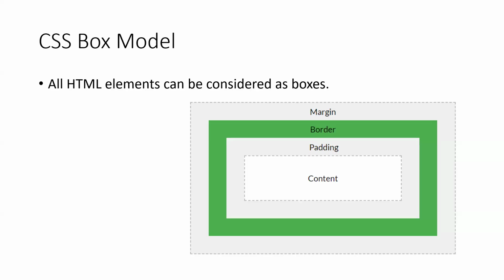All the elements that we have discussed, you can consider them as boxes, like paragraph, headers, everything. You can see it as boxes. Whatever you type will be the content, but around it you can have padding, you can have borders, and then you can have margins.